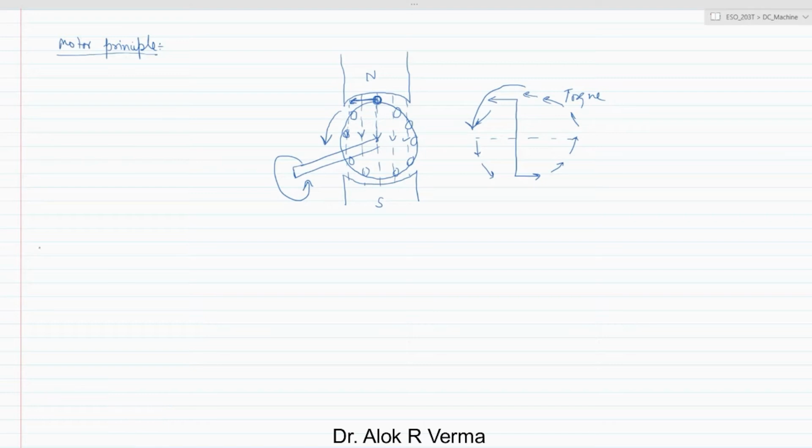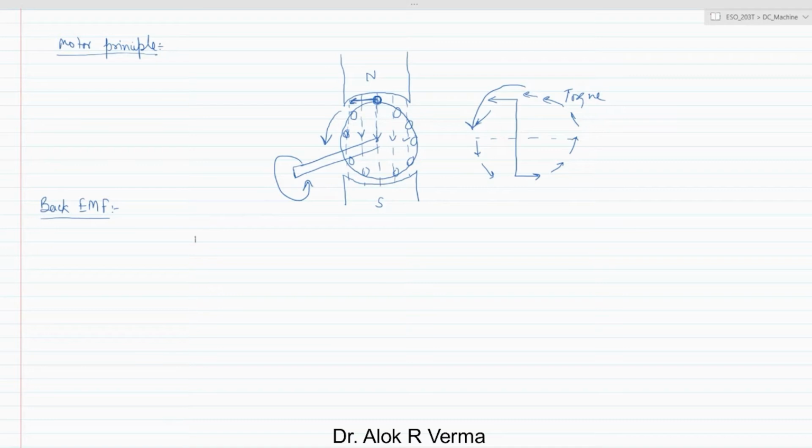Now let us talk about the back EMF. If you remember, when we were deriving the EMF equation for a generator, we said that the back EMF has exactly the same formula as derived for the DC generator.